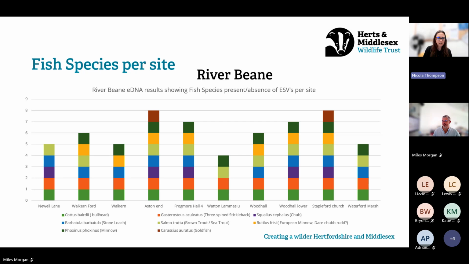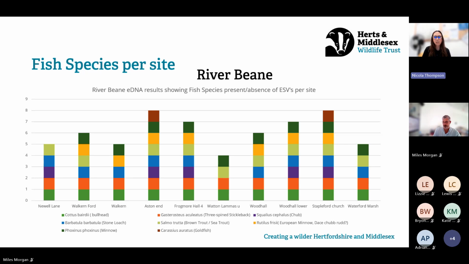No, they probably are there. So they're pretty similar to the EA data for fish, and what we'd expect, although the trout is there a bit, which I was thinking is quite unusual. That could potentially be moved upstream on people's equipment or their feces.